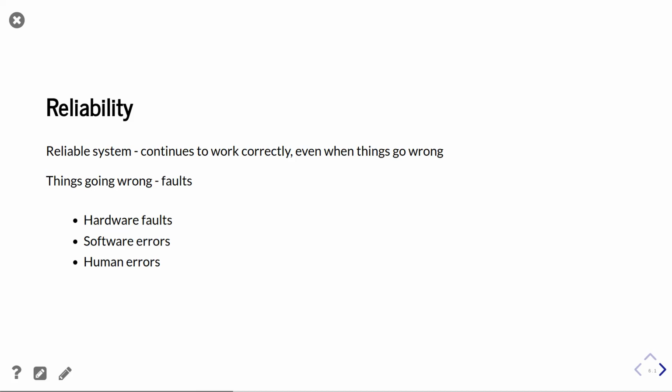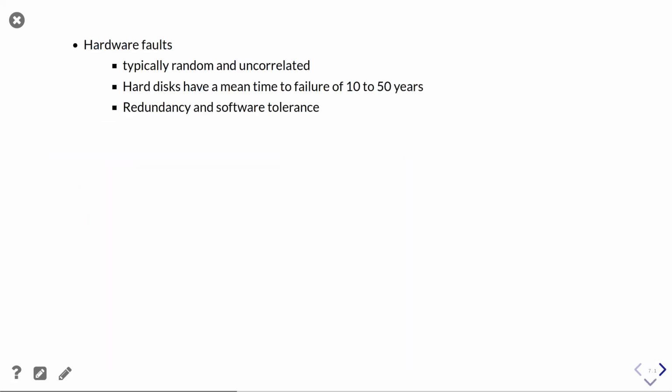Faults are when parts of the system are not functioning, whereas system failure is when the whole system is not functioning. So what kind of faults are there? There are hardware faults, software errors or faults, and human faults. Let's look at each one of them in turn.